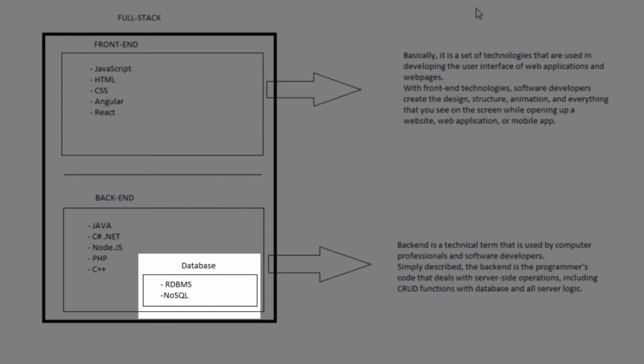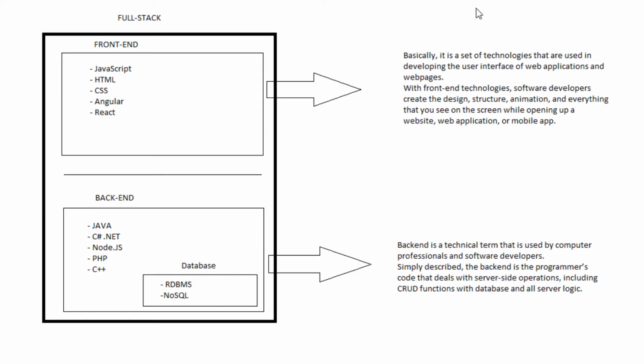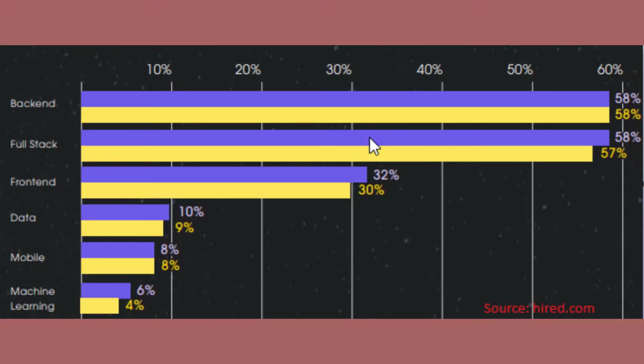We can divide these into relational database systems and NoSQL systems. You need to know databases, because a database is where we store all of our data. Everything that is entered on the user interface on the front end flows to the backend, where it is processed, stored to the database, and then read to send another cycle back.